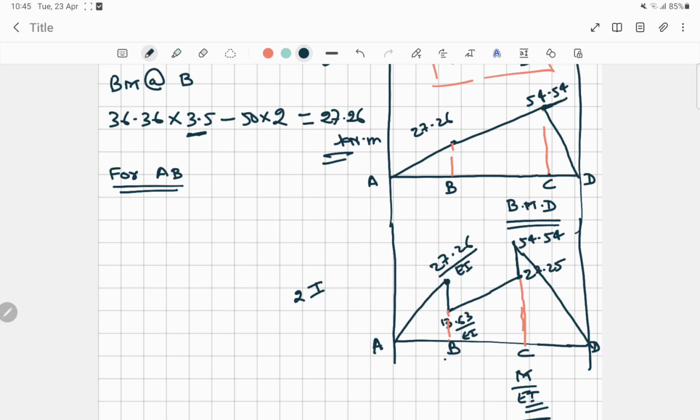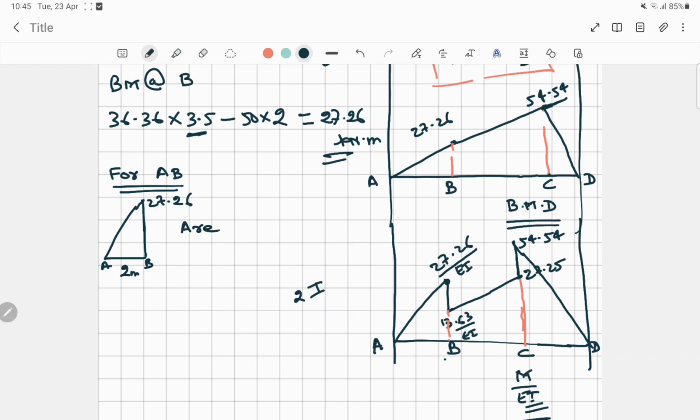Now for A to B, the bending moment diagram is like this, and the value is 27.26 and the distance of A to B is 2 meter.